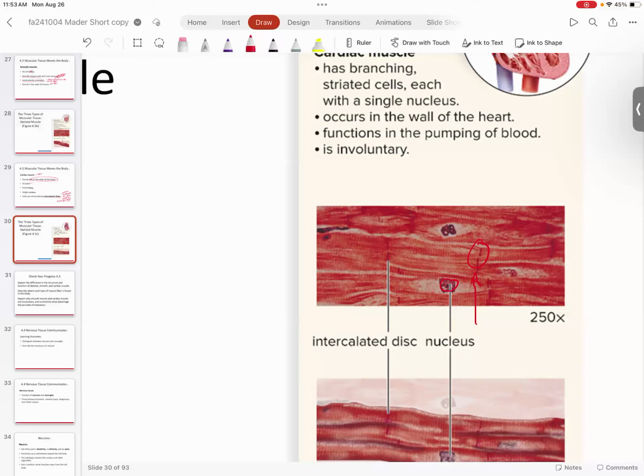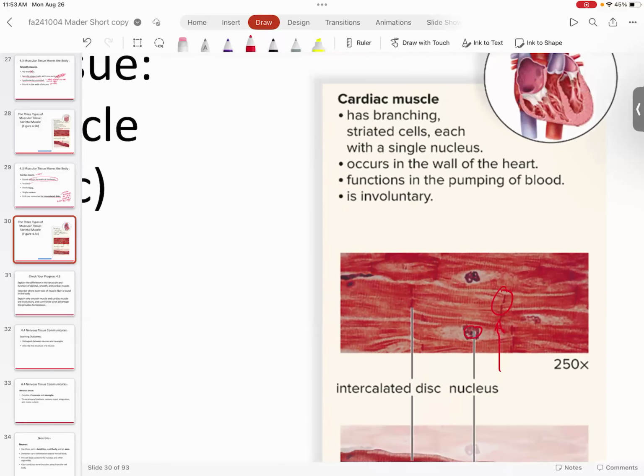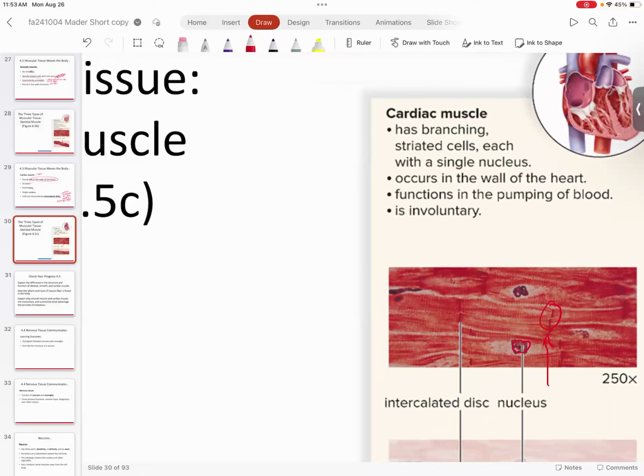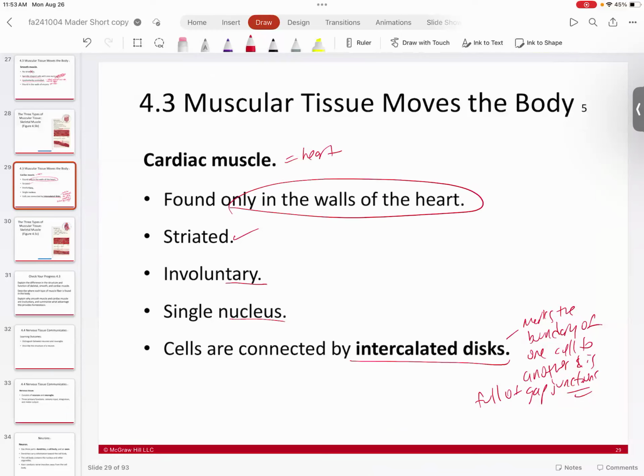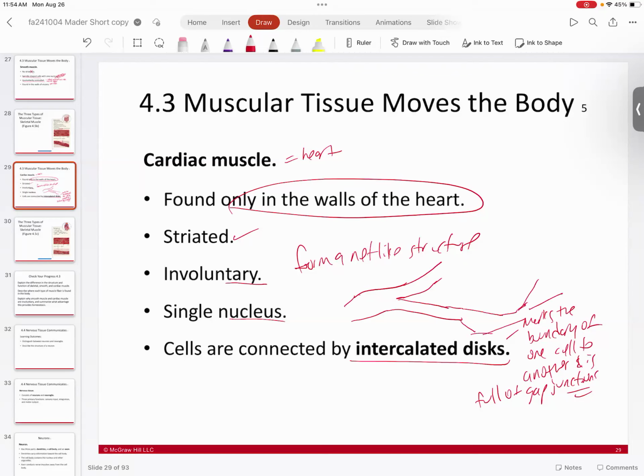The other thing that's important about these cells is that they form a net-like structure. What that basically means is one cell will bifurcate into two different directions, and then it'll interact and become part of another cell, which will bifurcate into two separate directions.